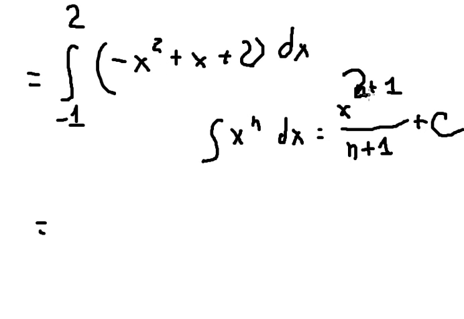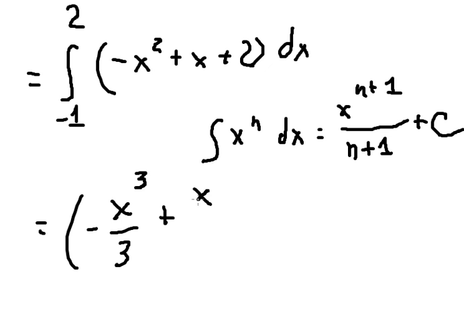So 2 plus 1, we have 3. This one, that is about number 1. So number 1 I will put in here. 1 plus 1 we have 2. This one we have 2x.